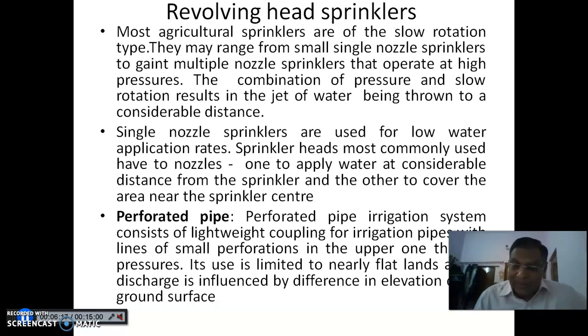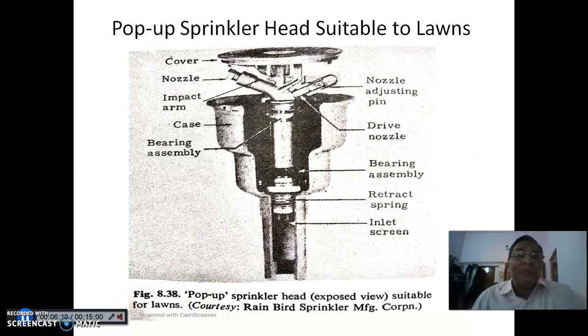Then we go to the pop-up sprinkler head, suitable for lawns. This is the one you see in many offices and other places. Here is the pop-up sprinkler head in exposed view. Otherwise, there is a cover.